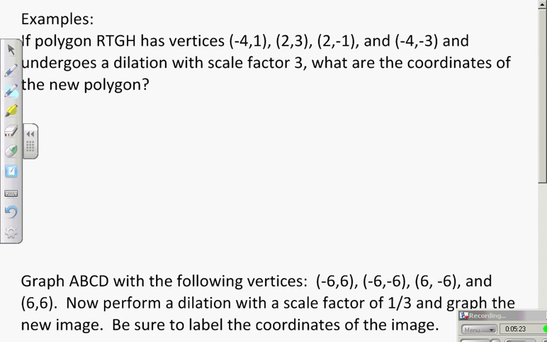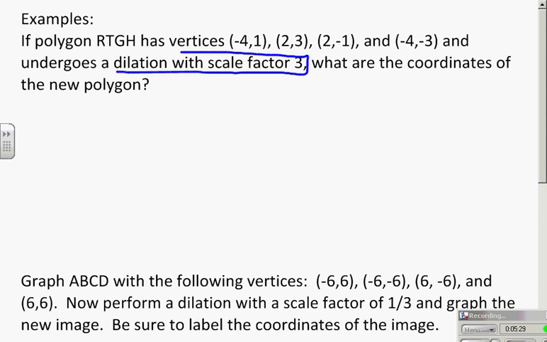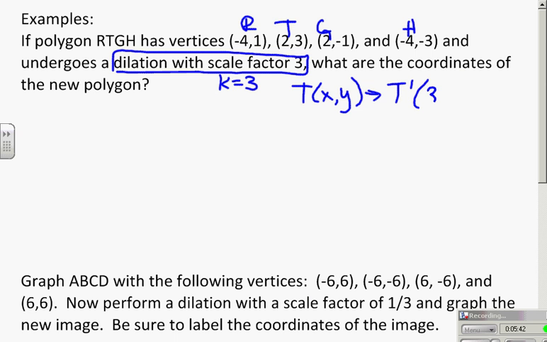So a couple of quick, straightforward examples. If the polygon RTGH has these vertices and it undergoes a dilation with a scale factor of 3, what are the new coordinates? So our rule is really saying all of our new points will be 3 times the x-coordinate and 3 times the y-coordinate.